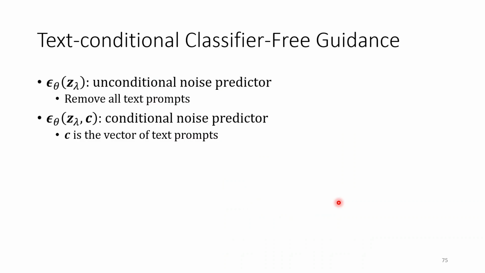So Jonathan Ho proposed his method for ImageNet, and the condition for ImageNet is the class label. But for text, when we have a text prompt, what will happen? For example, in latent diffusion, the condition of the noise predictor is the diffusion model with text prompts.